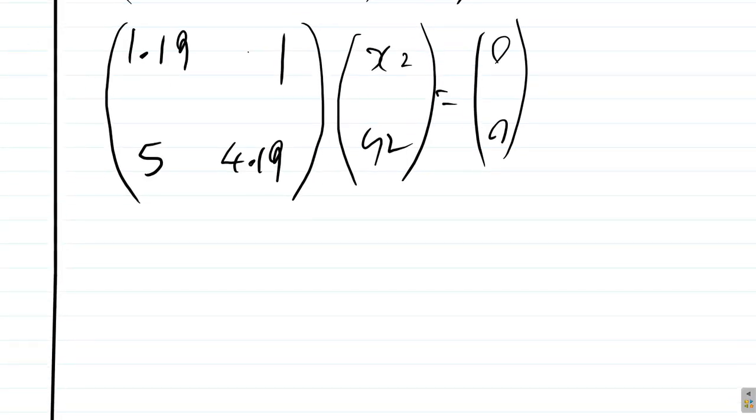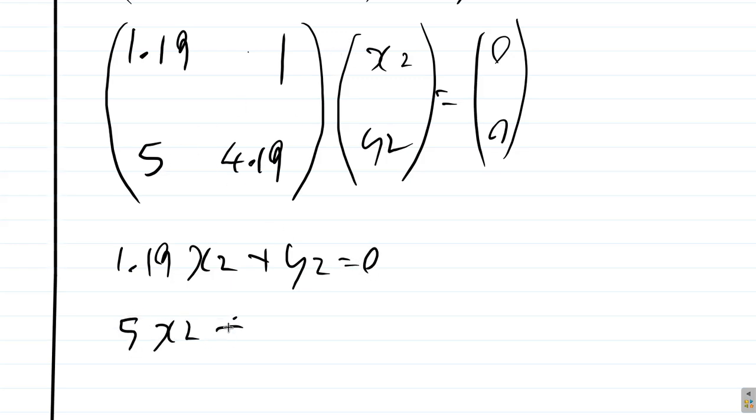Multiplying out: 1.19 x2 plus 1 y2 equals 0, and 5x2 plus 4.19 y2 equals 0.